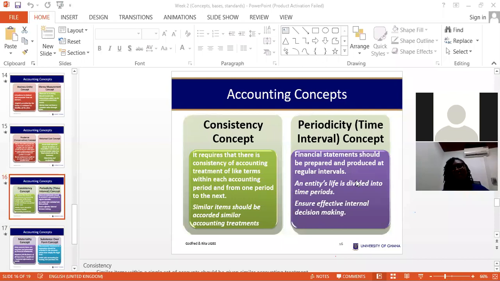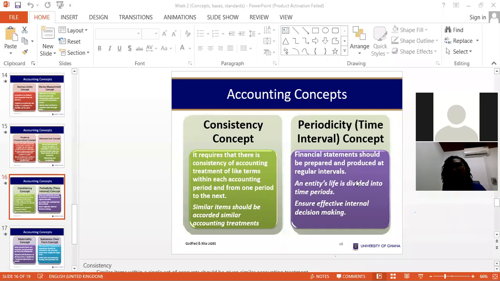Okay, for periodicity, it suggests that because businesses have a long lifespan, we cannot wait till the day they are shutting down or liquidating to put all their financial information together. So we break their preparation period into intervals. Most businesses do 12 months. It could be January to December. Somebody could do April to March.